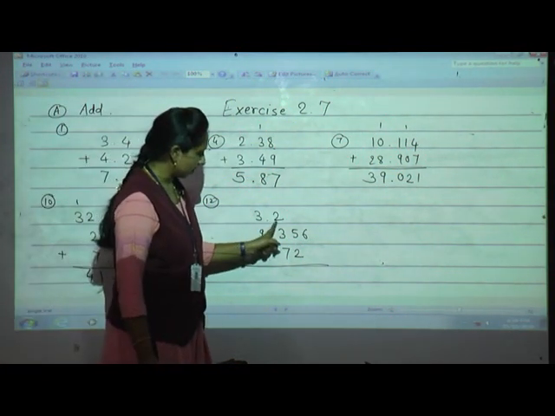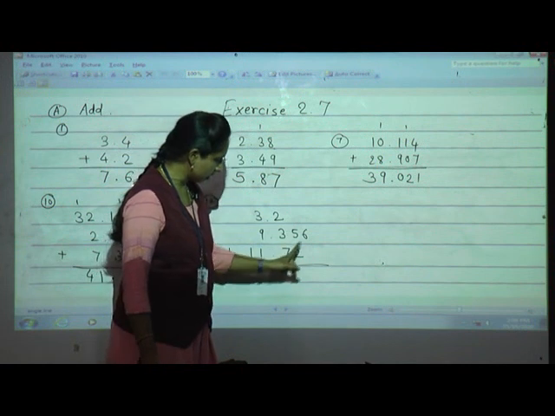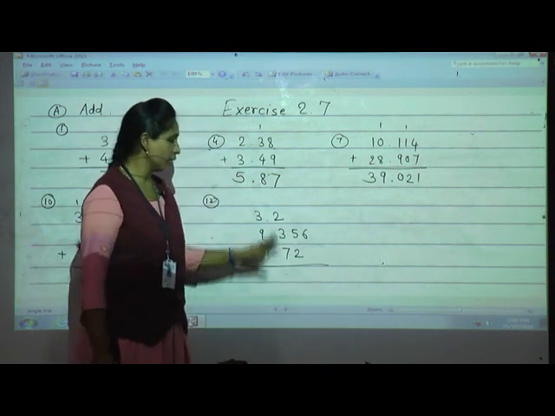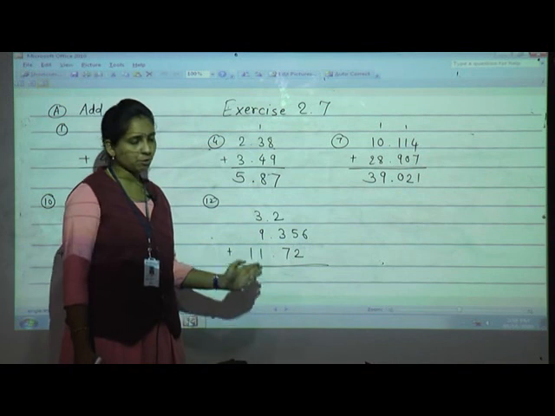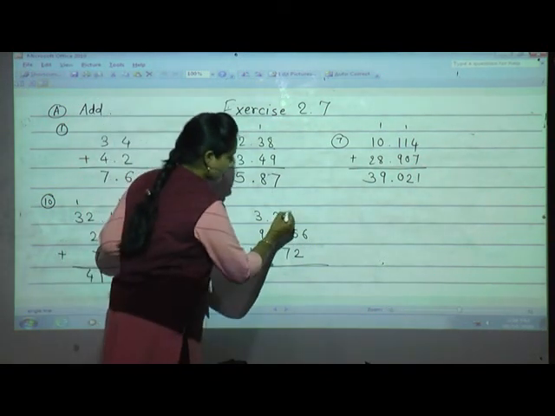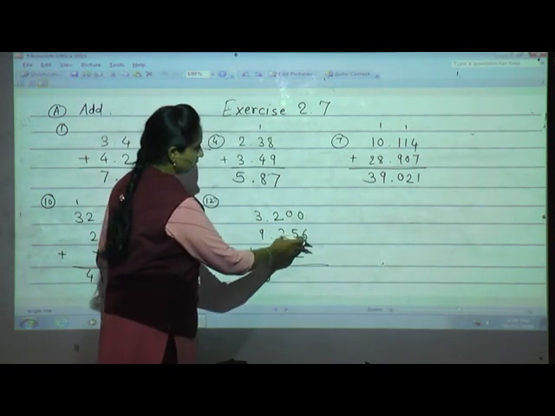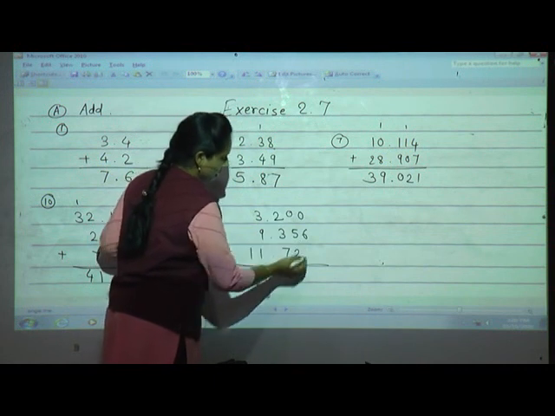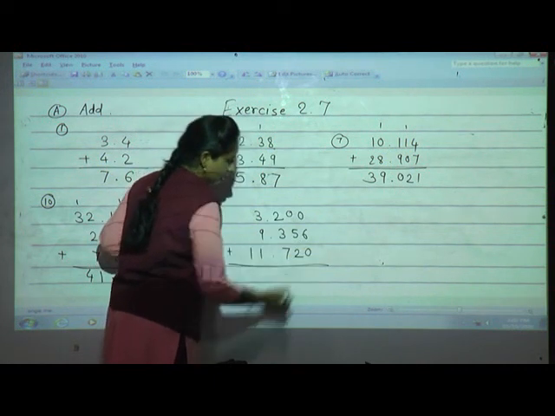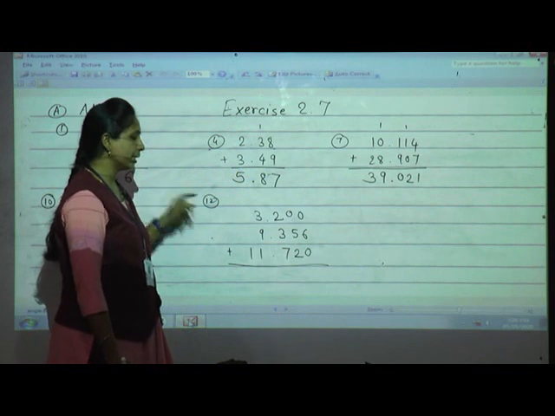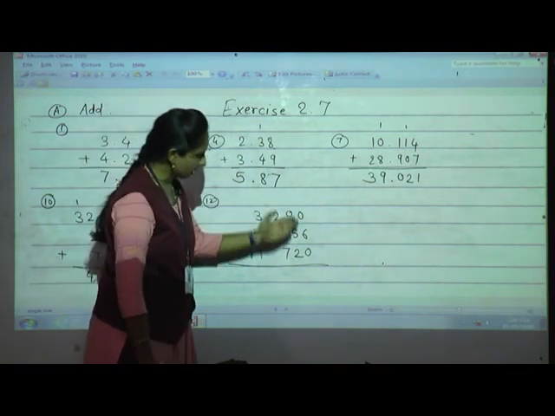After the decimal point, there are 3 decimals and 2 decimals. What you have to do? You have to convert into like decimals. So you just need to add zeros, so that everything becomes 3 decimals. Now you can add easily.